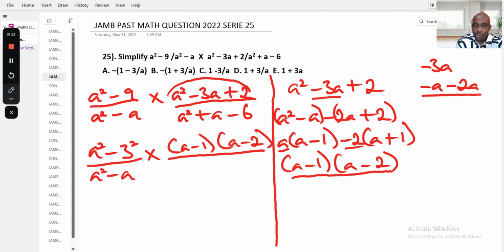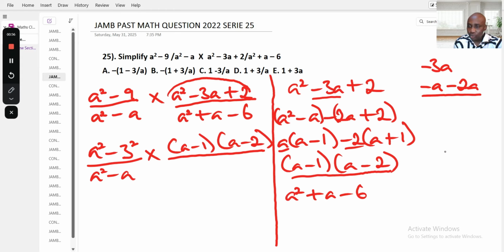Now let's use this one the same way we worked this one out. Let me write it out. This denominator is a raised power 2 plus a minus 6, isn't it? We are going to look for two numbers that we can multiply together that will give us 6. When you add or subtract them, it's going to give you 1a. Therefore, we are going to change this plus a.